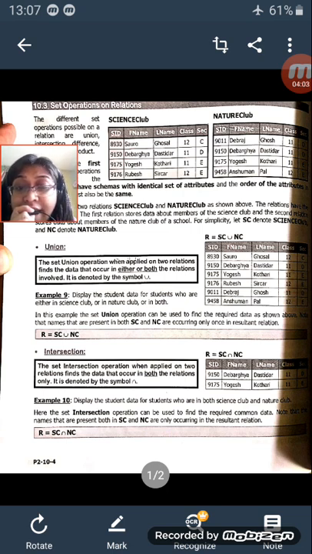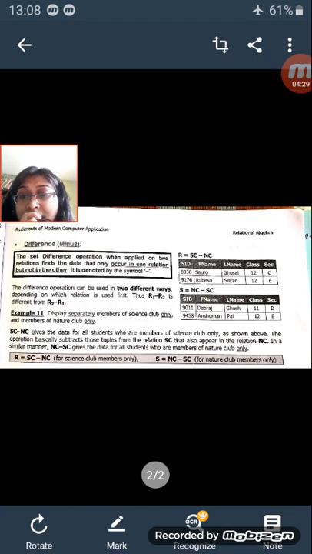In science and nature club the common values are Devargo and Yogesh. The data for Devargo and Yogesh are common to both tables. So intersection only deals with the common values from both tables.